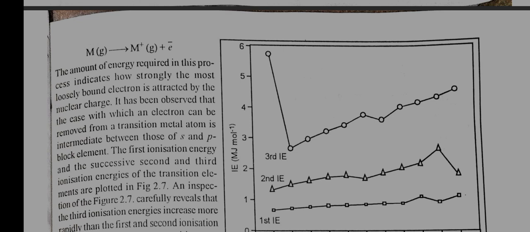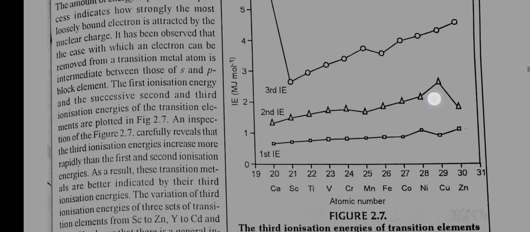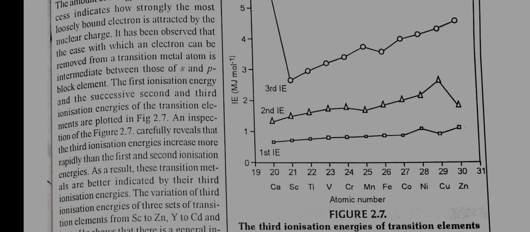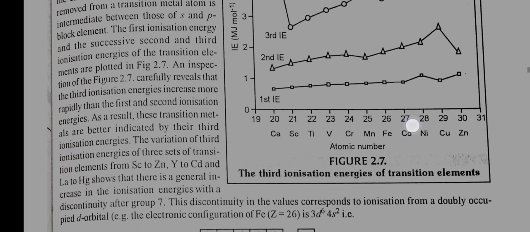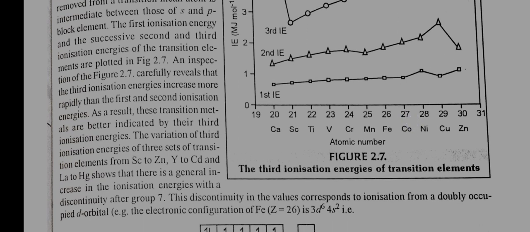The first ionization energy and the successive second and third ionization energies of the transition elements are plotted in figure 2.7. An inspection of figure 2.7 carefully reveals that the third ionization energies increase more rapidly than the first and second ionization energies. As a result, the transition metals are better indicated by their third ionization energies.